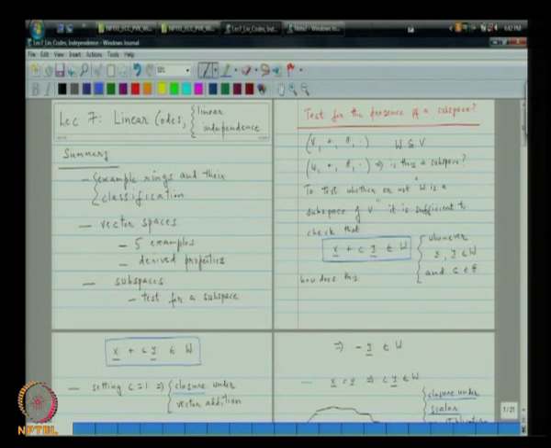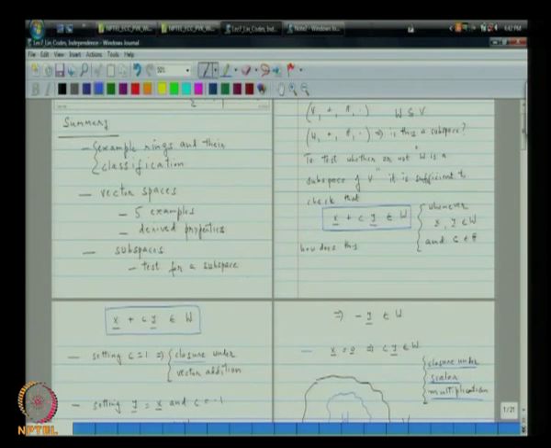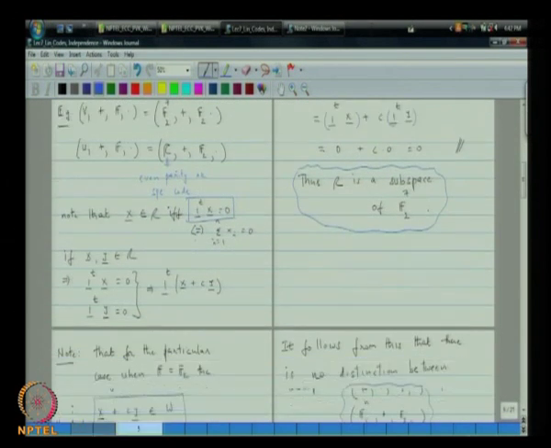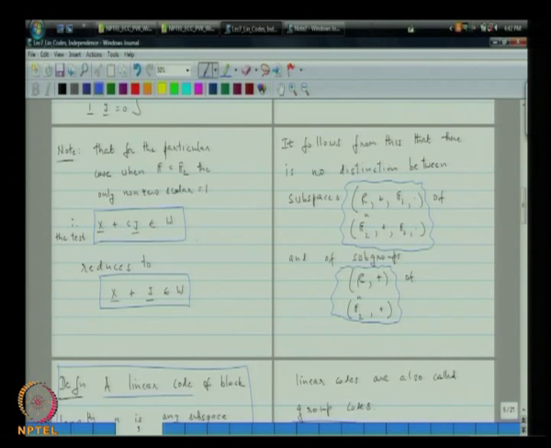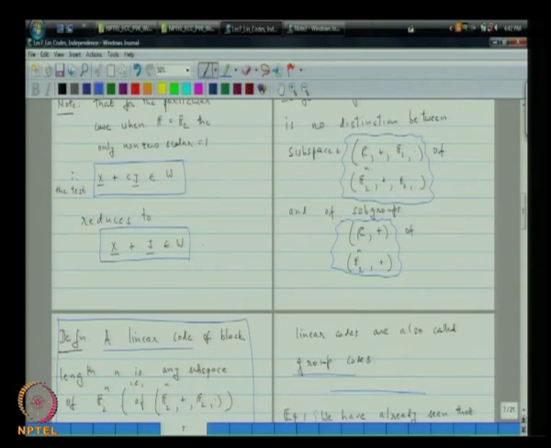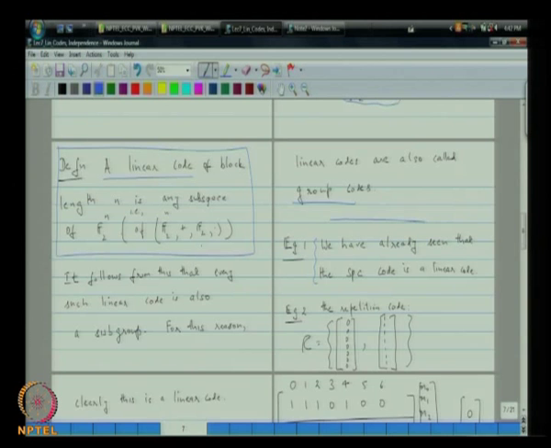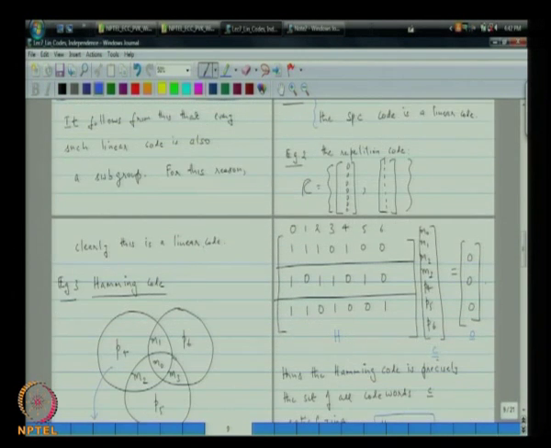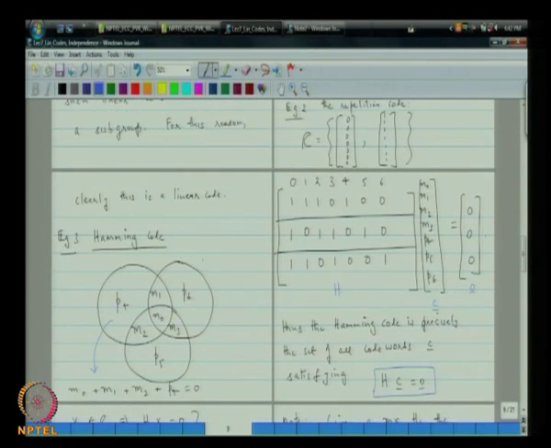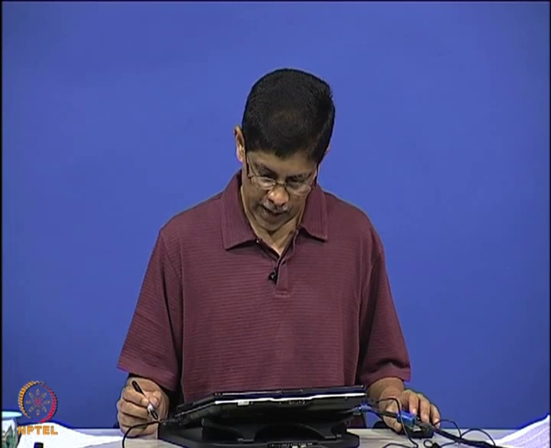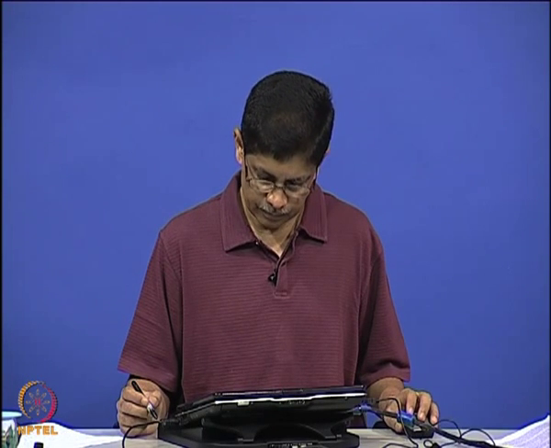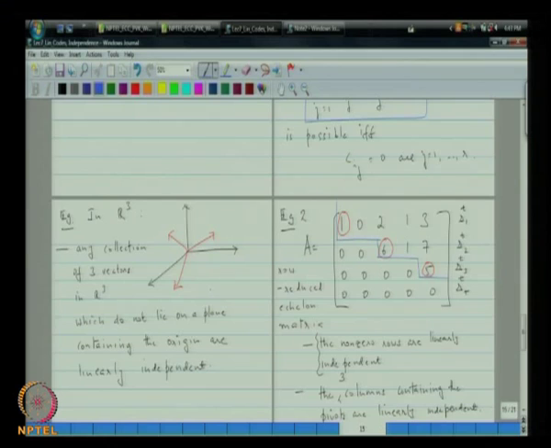So we began by talking about linear codes and linear independence, testing for the presence of a subspace. Then we defined what it means to be a linear code. We showed that all the three example codes that we had worked with were in fact examples of linear codes, and then I talked about what it means for a set of vectors to be linearly independent.